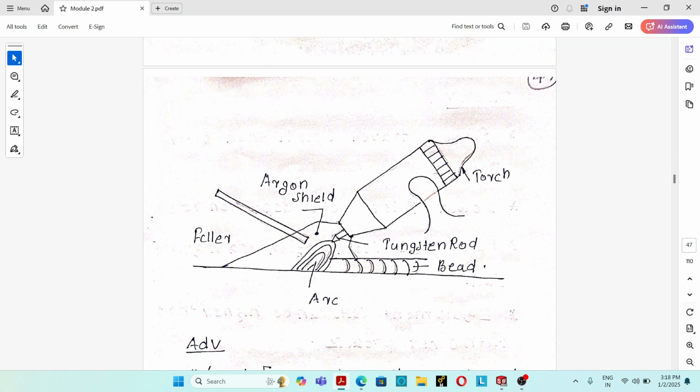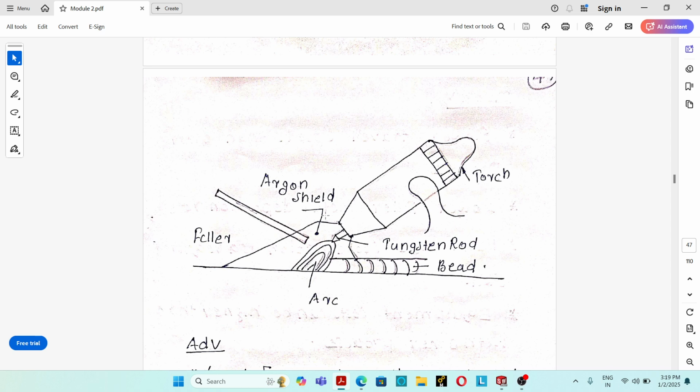The electrode commonly used in the TIG welding process is the tungsten electrode. Pure tungsten is commonly used. Some metal oxides are used for alloying tungsten, and they are thorium oxide, zirconium oxide, lanthanum oxide and cerium oxide.